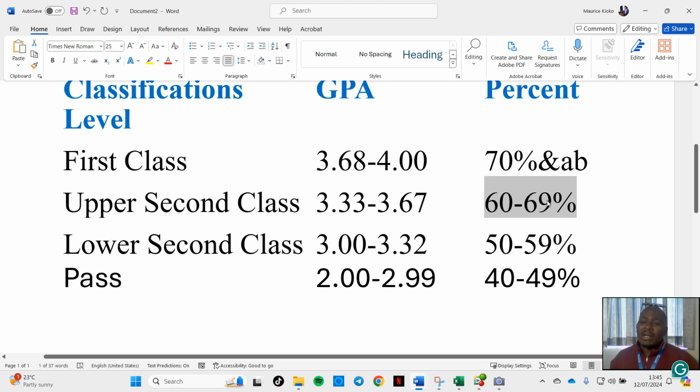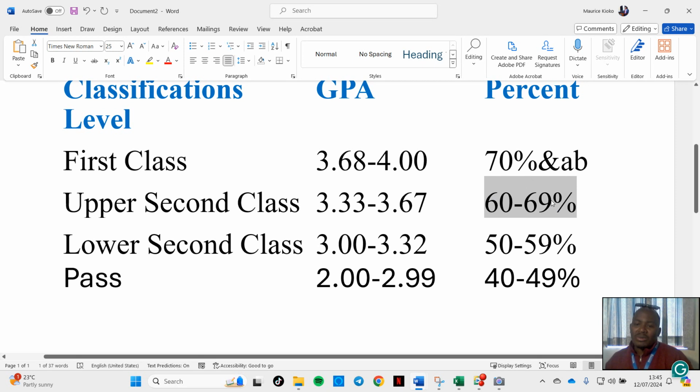You look at the uppermost limit before someone moves to 70. What is the uppermost limit before someone moves to 70? It's 9.94. Why 9.94? Because if someone gets 9.95, it can be rounded off to 10. But if you get 9.94, it cannot be rounded off to 10.